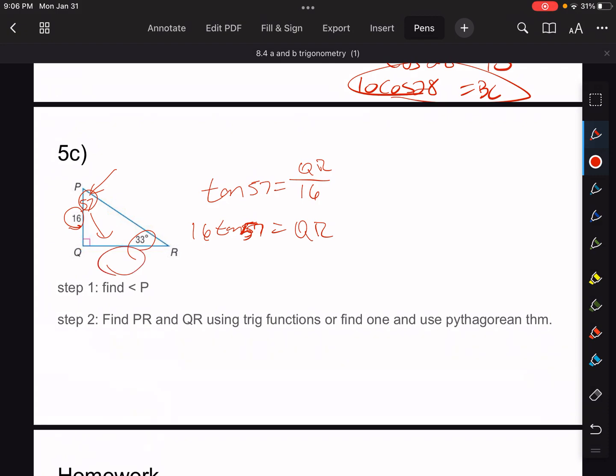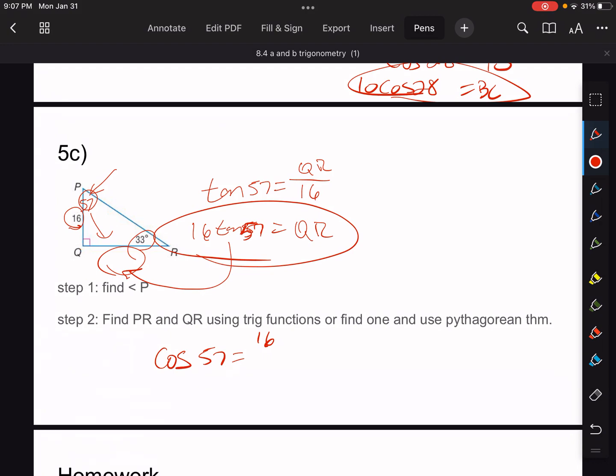Once you have those two pieces, you can use the Pythagorean theorem to solve this. Or you don't have to do that. You can also use a trig function. So let's do that. Put this in your calculator, figure out what that is, solve for QR. For PR, if we use the perspective of 57 again, the cosine of 57 would have to equal 16, which is adjacent, over the hypotenuse, which is PR.